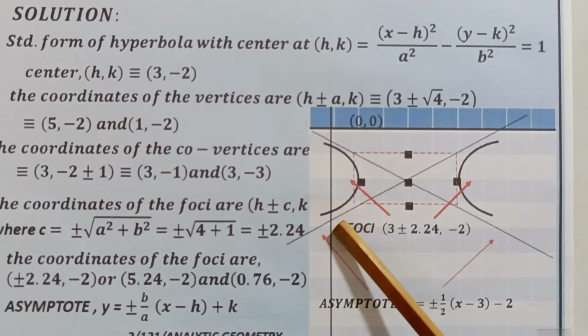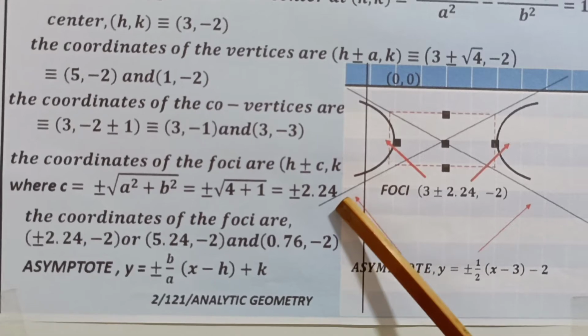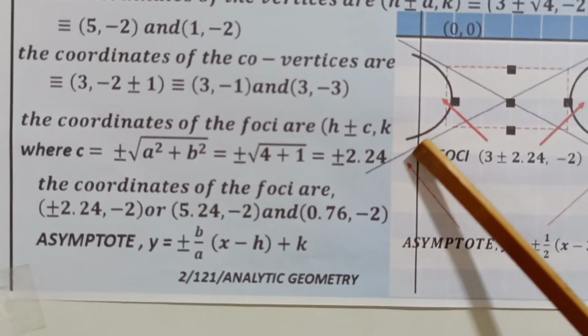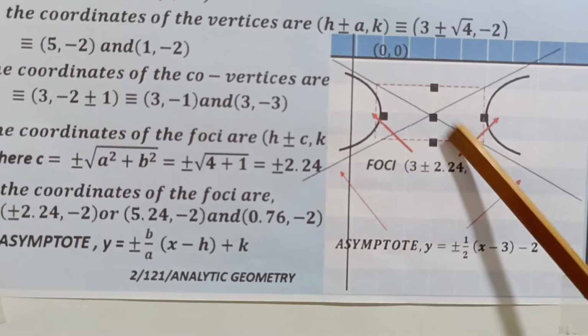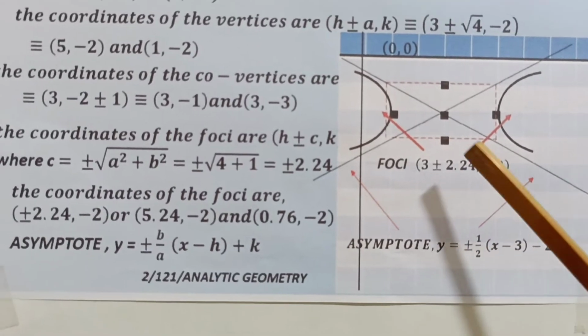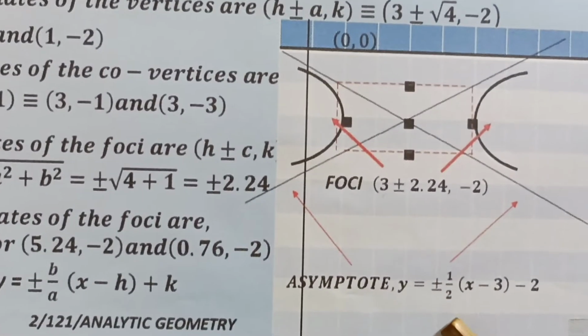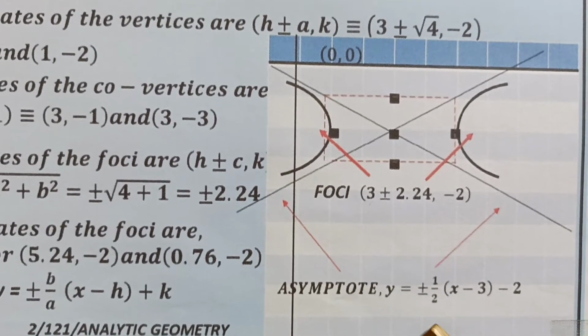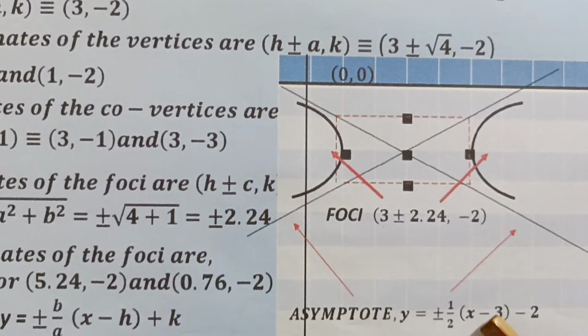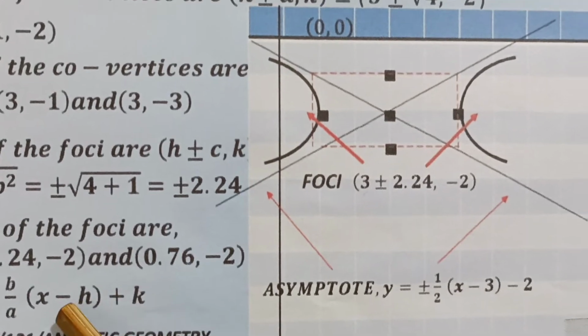After connecting, this diagonal here are the asymptotes, no? With the equation y is equal to plus or minus 1 half x minus 3.